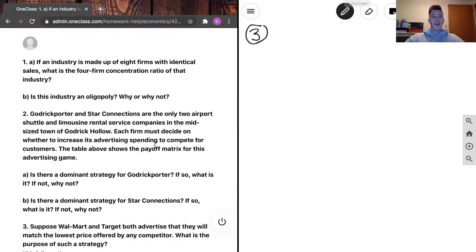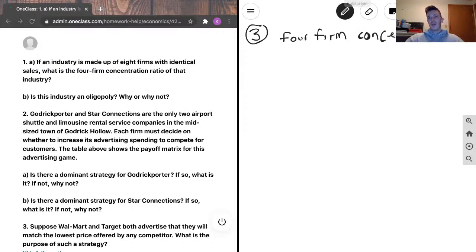If an industry is made up of 8 firms with identical sales, what is the 4-firm concentration ratio of that industry? So the 4-firm concentration ratio, I believe, is the sales of the top 4 firms divided by the sales of the entire industry.